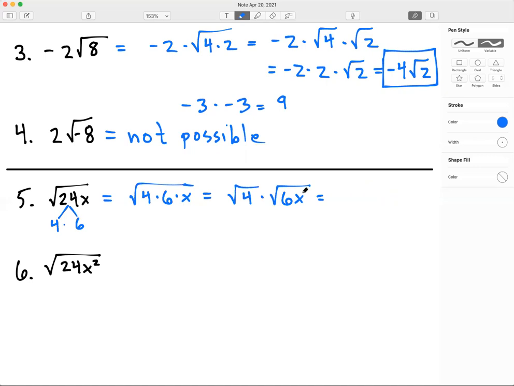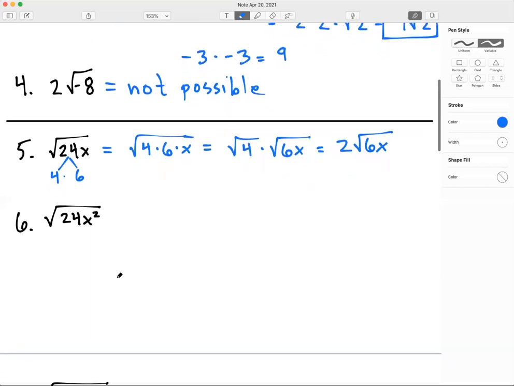We can't simplify that any further. So we're gonna go square root of 4, which is 2, and then times the square root of 6x. We can't simplify the square root of 6 any further either. So whatever we cannot simplify stays under the square root symbol, okay? Stays under the radical. And then whatever we can take the square root of goes on the outside.